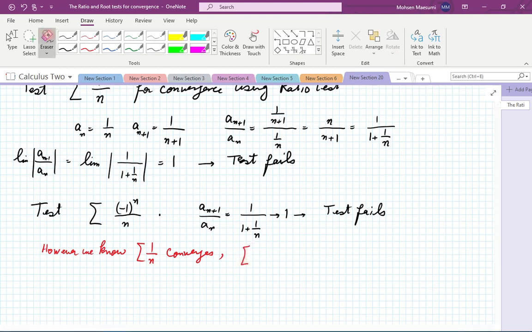Excuse me, I wrote it opposite. 1 over n diverges, and if you alternate it, it does converge. Last time we said it's called conditional convergence. So we know what the result is from other tests. It's just that this one doesn't tell us any of that. Okay, let's go ahead.